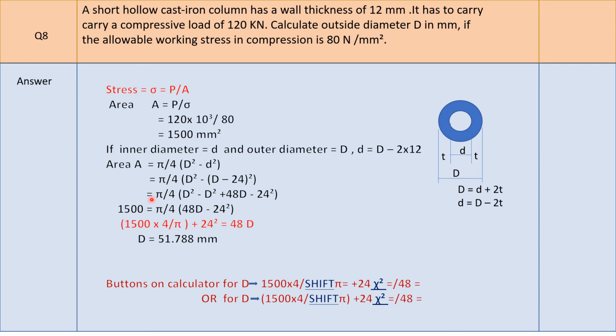So again, area is equal to pi divided by 4 bracket open capital D square.